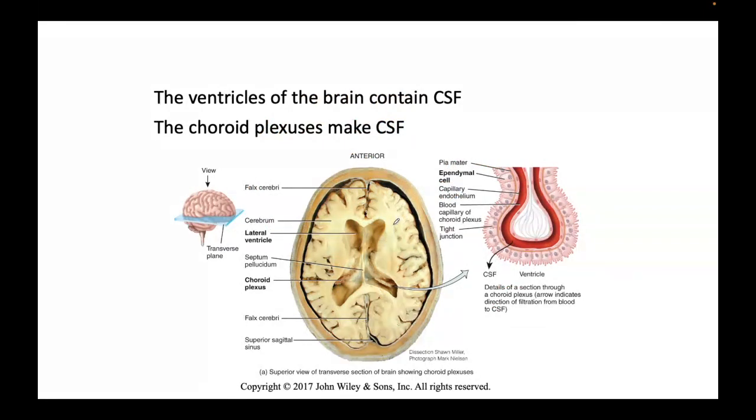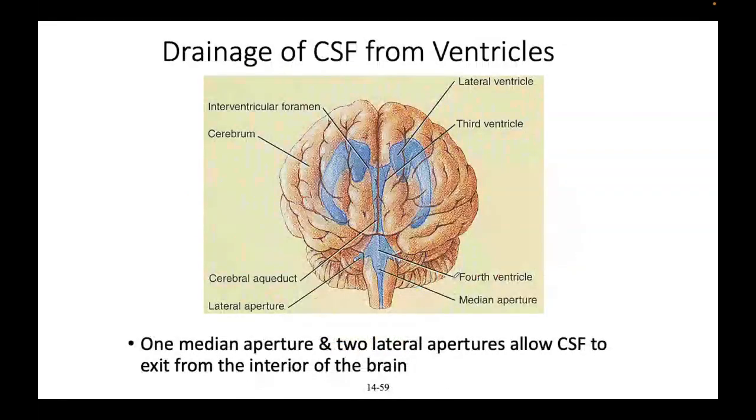When we look at this cross section here, these are the chambers. These are your lateral ventricles. They're lined with ependymal cells. Those ependymal cells are going to produce cerebral spinal fluid. Again, from this view, that's what the ventricles would look like.